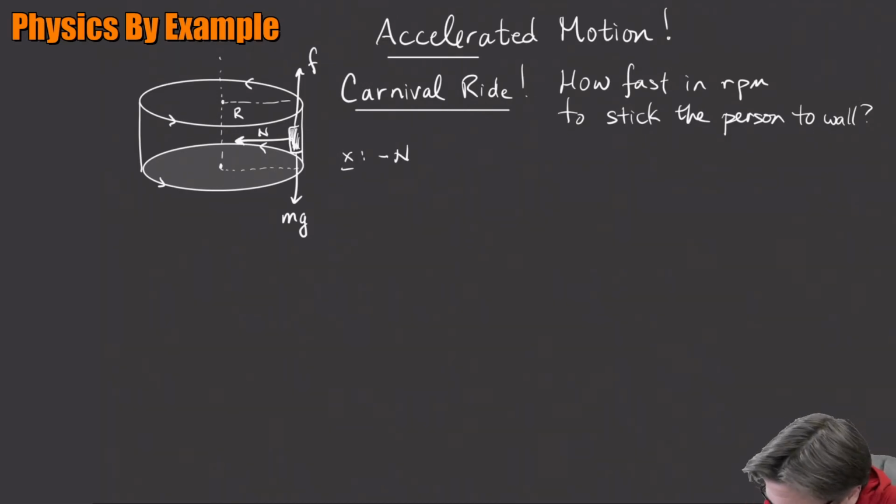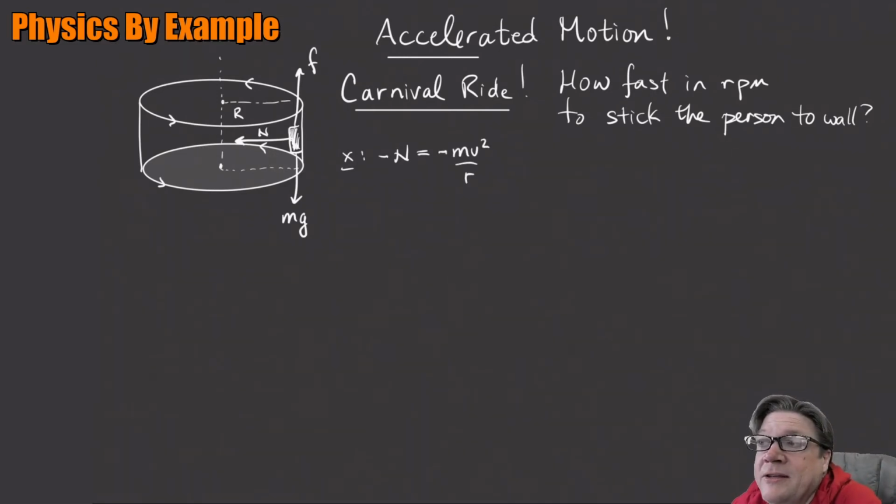So this must be minus mv squared over r, because the centripetal acceleration is also to the left, towards the center of the circle. Those minus signs cancel.